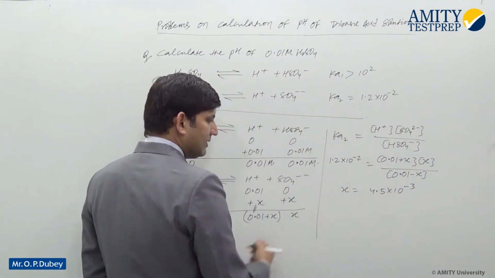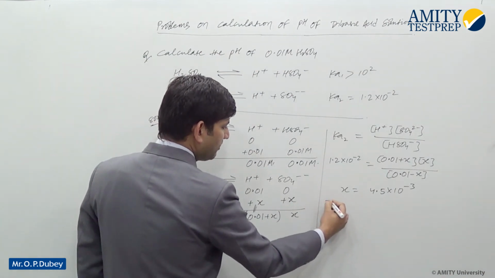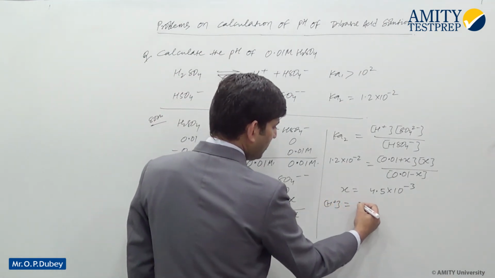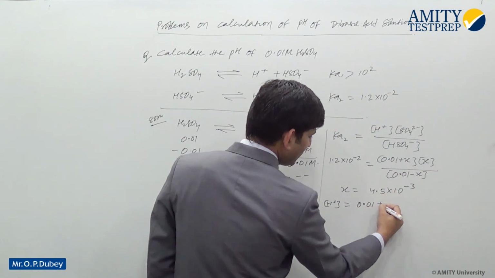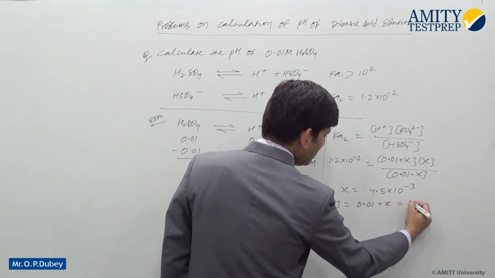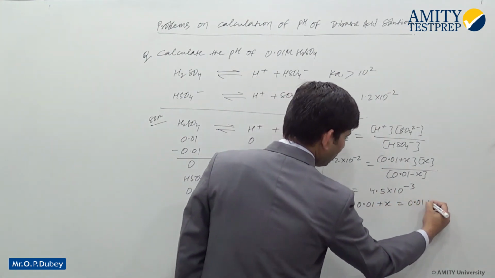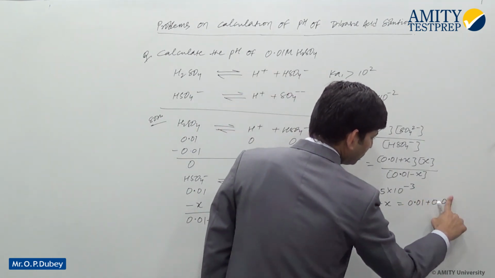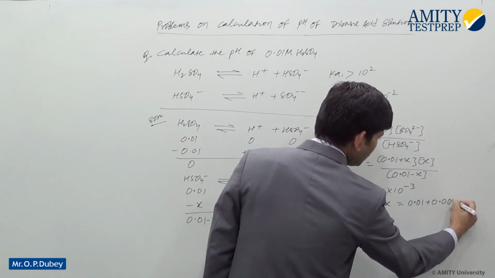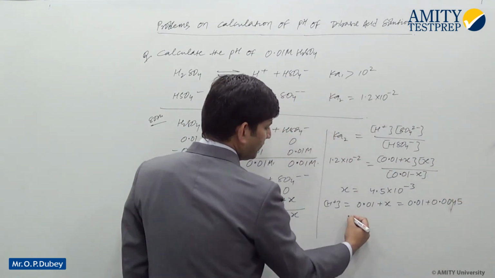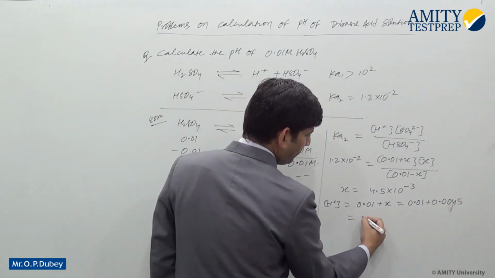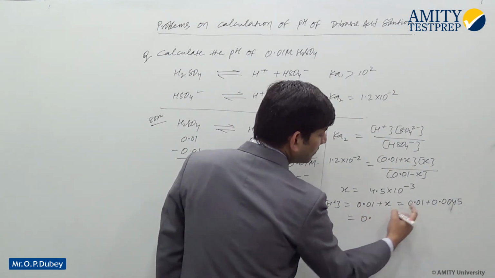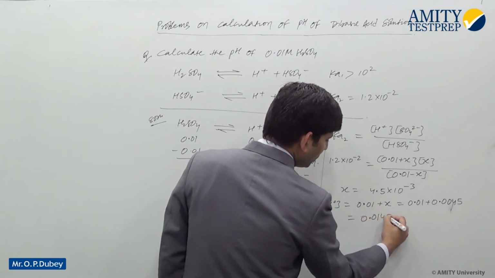And if X is calculated, then the H plus ion concentration becomes 0.01 plus X, which is equal to 0.01 plus 0.0045, which is equal to 0.0145.